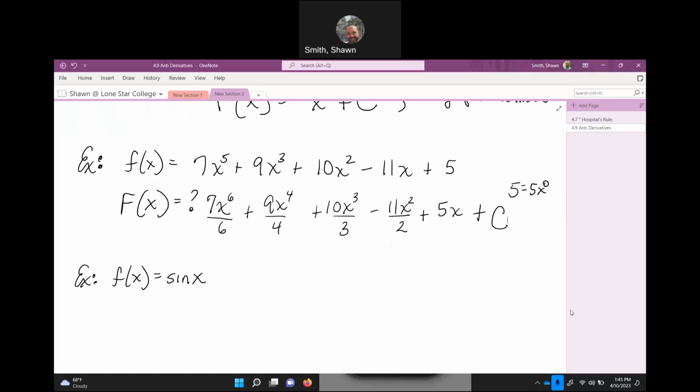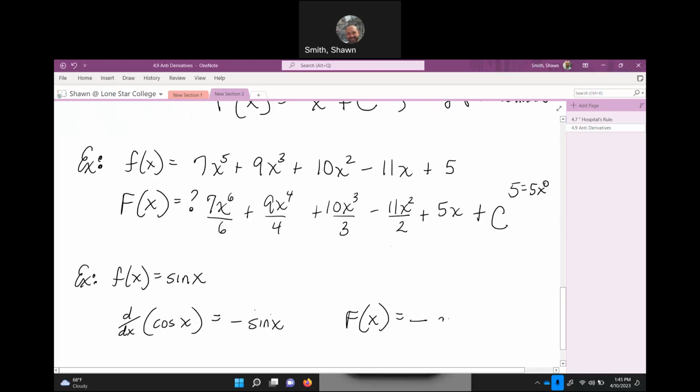So that's all we're going to do here is say, okay, well, this is saying the derivative of cosine of x is equal to negative sine of x, right? So cap F of x has to be the opposite of the cosine of x. So we get negative of negative sine x, right? Gives us positive sine x plus your constant c.